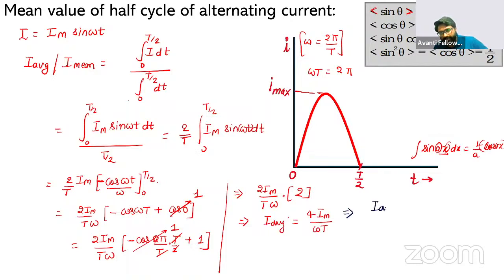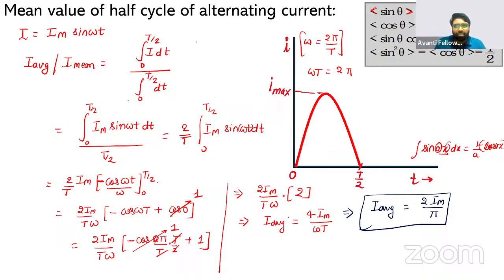So I average will become 2 Im upon pi. Okay, so this is the value of the average value of alternating current for a half cycle. Okay, so always remember this formula.